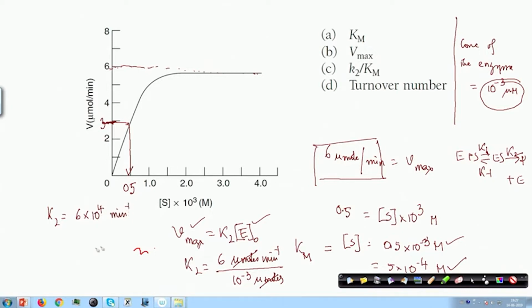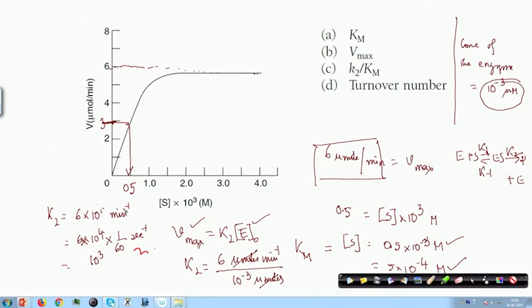Okay. If you convert it into second inverse, then you will get 6 into 10 to the power 4 into, minute inverse means 1 by 60. So, that will be second inverse. Let me see, there is something wrong here, this is not 10 to the power 4, this is your 6 into 10 to the power minus 3 micromoles, so 6 into 10 to the power 3.